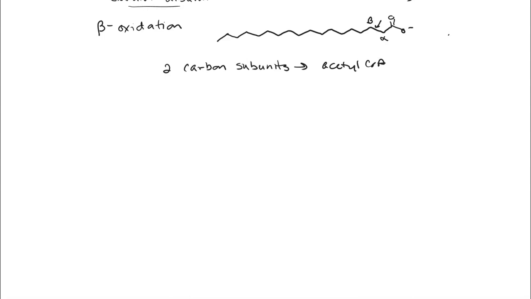Now, in mammalian cells, which we're going to be primarily focused on, beta oxidation takes place primarily in mitochondria, but similar pathways also take place in peroxisomes. We're going to focus primarily on mitochondrial processes for the sake of these lectures, though. And it's the mitochondrial beta oxidation which primarily provides energy to the organism, whereas peroxisomal beta oxidation is responsible for shortening long-chain fatty acids that are poor substrates for mitochondrial beta oxidation.